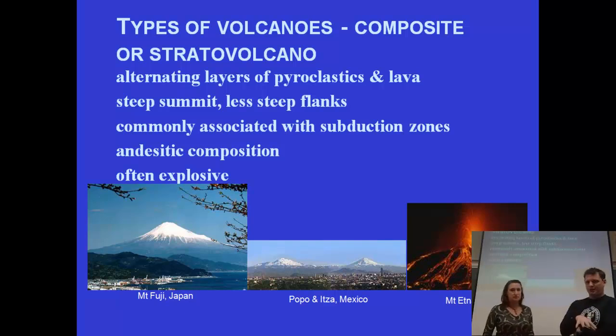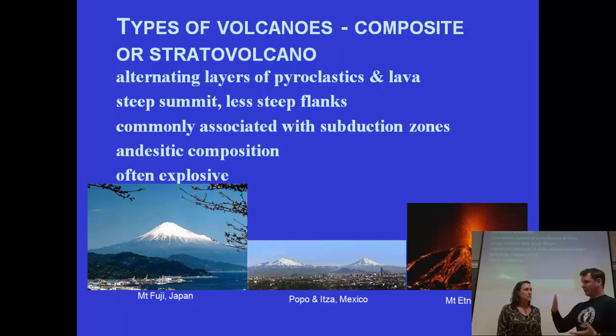The eruption starts out with a huge pyroclastic explosion, ash and debris into the air falling back down, and once that's done, we get lava oozing out and coming over its flanks and sides.